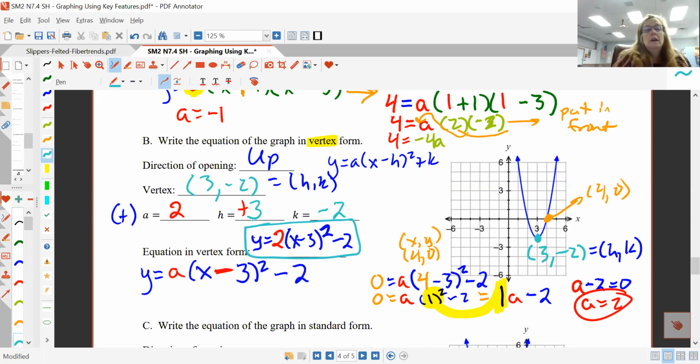Okay. I think generally vertex form is probably the easiest one to finalize because the vertex is simple. All right. So that's that one.